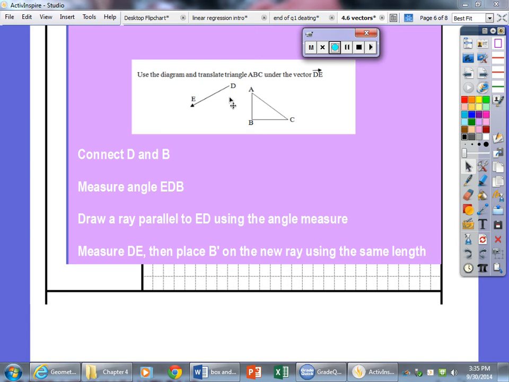Then after we get the parallel line, we just measure how far to move it, and we would move first point E that far, or B that far, and make it B prime, and then we do the same thing with A and C. Now, we probably will not have to, on a test or a quiz, move something like this by hand, but it's nice to know that it can be done, that I can slide it by measuring the angle and figuring it out.